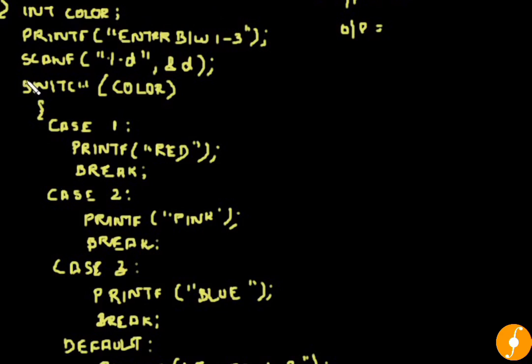The control goes down and it reaches the switch statement here. It goes to the first case, sees the case has the value 1. This doesn't match, so it goes to the next case. The value is 2 and the value of the color is also 2. So the statements in this case will be executed. The output here will be pink.